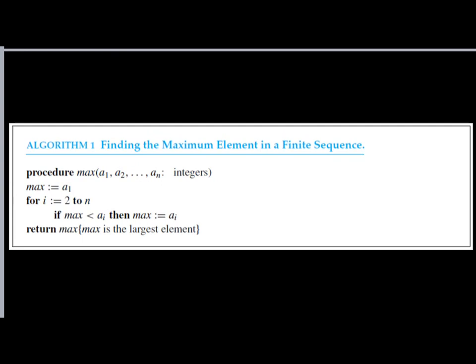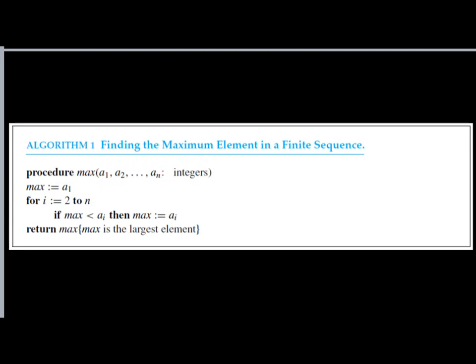This A1 has a subscript 1, so it's the very first place in the list. This has a subscript 2, so it's the second entry in the list. And we go up to n, so this is the nth entry in the list. That's important because when you're writing algorithms, the number of elements in the list is going to pop up frequently, like right here. So it takes this list of n integers.